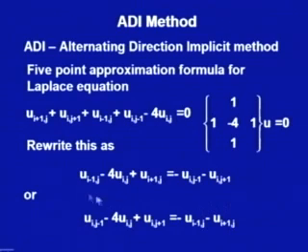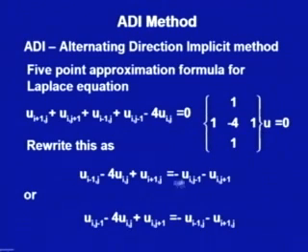So, we are rewriting this 5 point formula into this form, where either the left hand side is the jth row and the right hand side the remaining ith column, or the left hand side is the ith column and the right hand side is the remaining jth row.